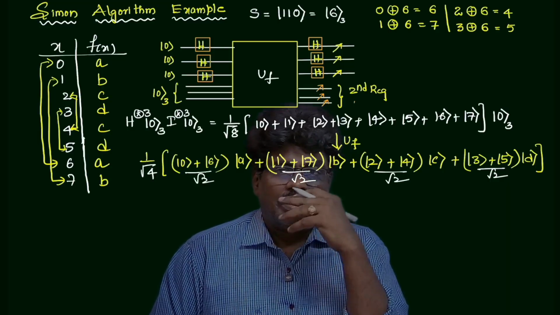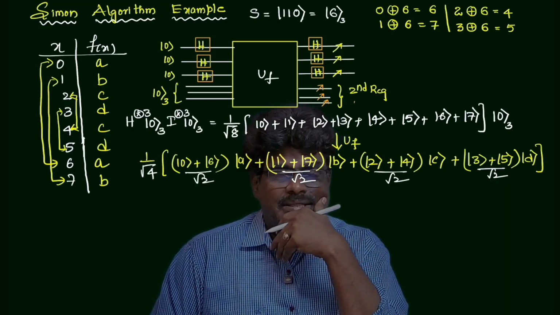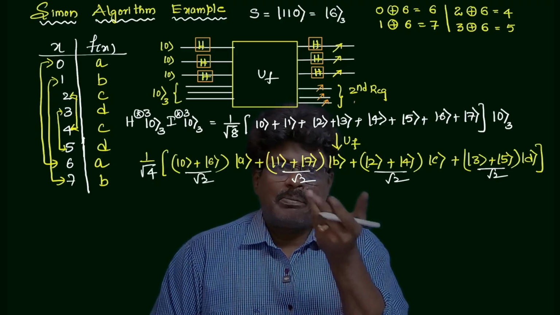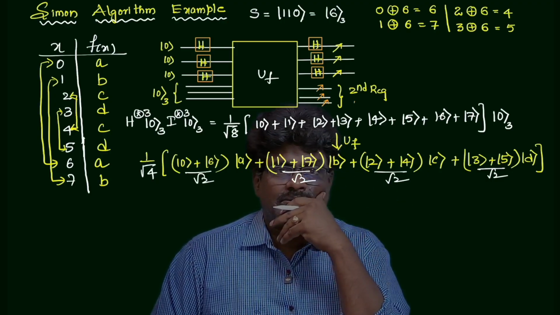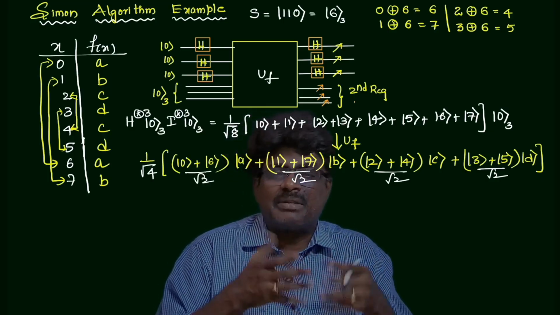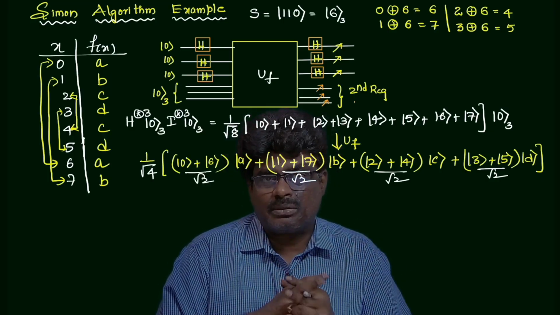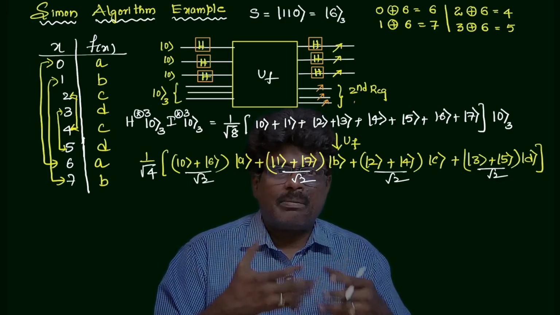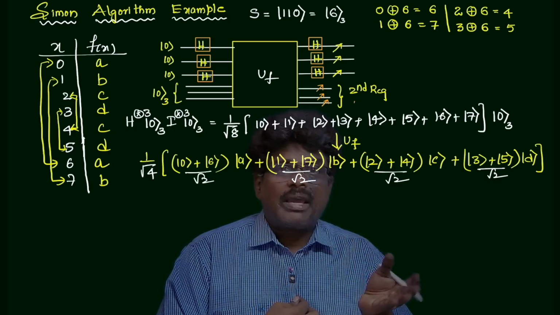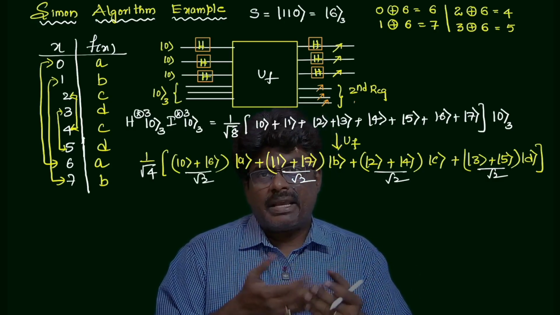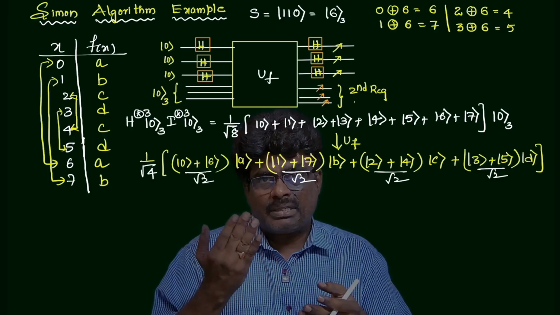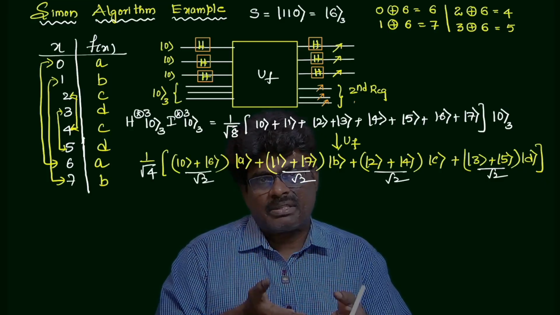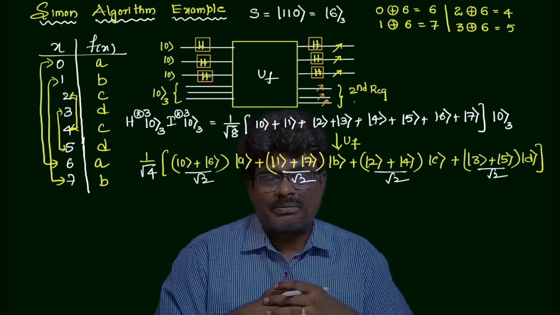Now if I measure the second register, I may get A, B, C, D. Don't bother about the second register value, you will get some value. You may definitely get either A or B or C or D. What are A, B, C, D? They again belong to one of 0, 1, 2, 3, 4, 5, 6, 7, because we have taken 3 qubits.